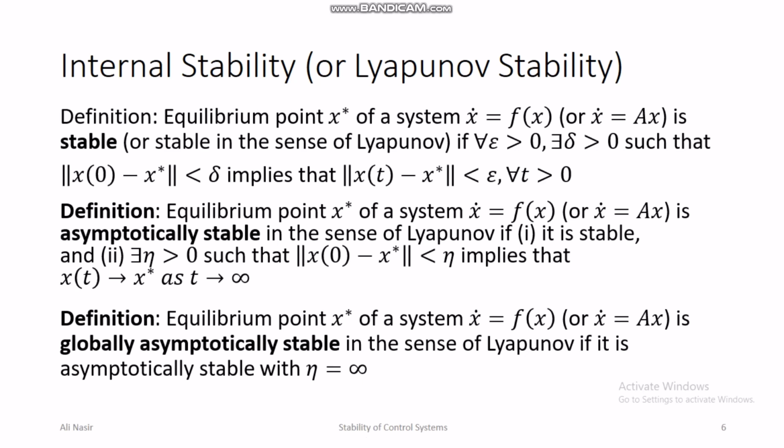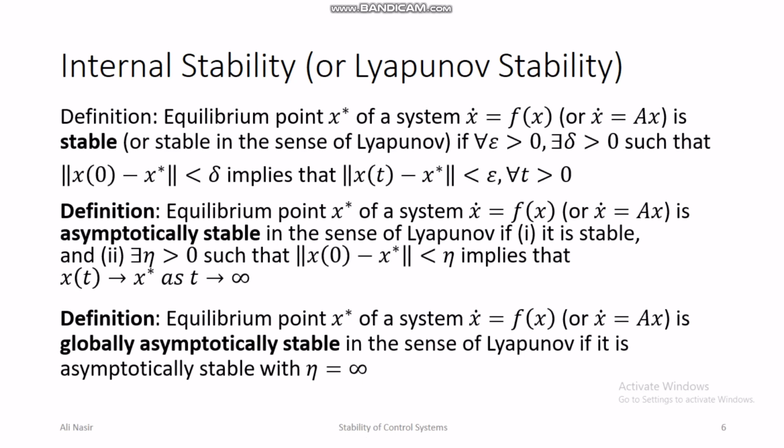So then there is finally the definition of global asymptotic stability. An equilibrium point x star is globally asymptotically stable in the sense of Lyapunov if it is asymptotically stable with eta equal to infinity. Eta was the region. So global asymptotic stability means that no matter where your initial condition is, your trajectory will always converge to the equilibrium point.